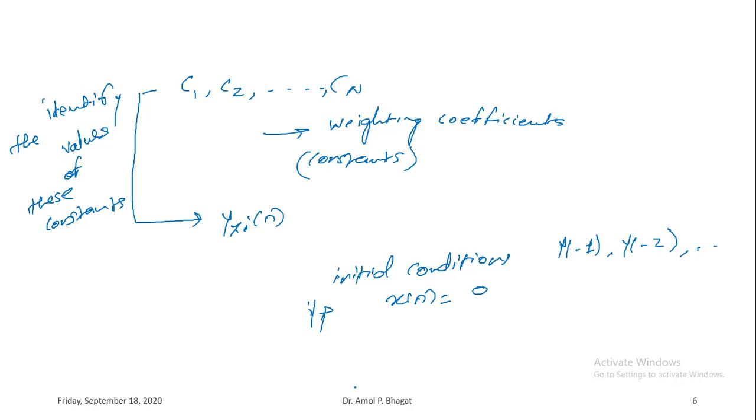After substituting these two things in the given homogeneous solution and the given input output equation, you can identify the zero input response. In the next session we'll be discussing how to identify the homogeneous solution and the zero input response. We'll look at one problem, where we'll identify the homogeneous solution and the zero input response for the given input output equation, or by utilizing the given difference equation.